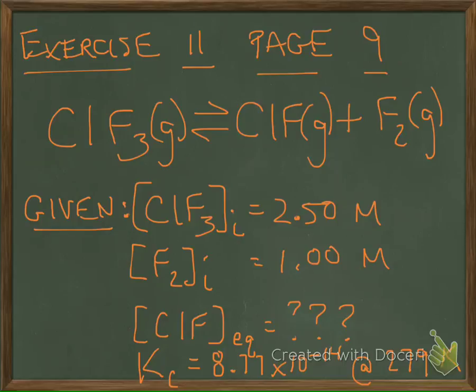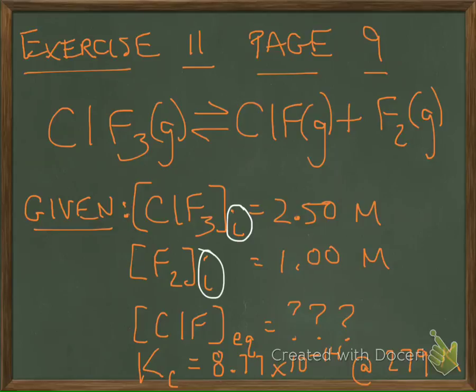The problem that I wrote into exercise 11 is saying that we have chlorine trifluoride in equilibrium with chlorine monofluoride and fluorine gas. We were given a few bits of information: the initial concentrations, which I am highlighting here by the letter I for initial, are 2.5 molar for ClF3 and 1.00 molar for F2.